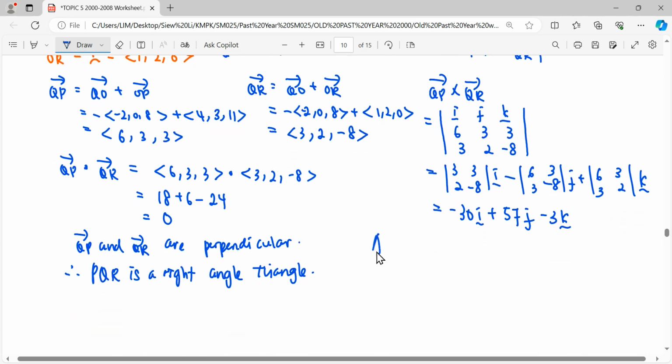Then to get the area of the triangle, it will be 1 over 2 times the magnitude of QP cross QR. So the magnitude will be the square root of x squared plus y squared plus z squared.